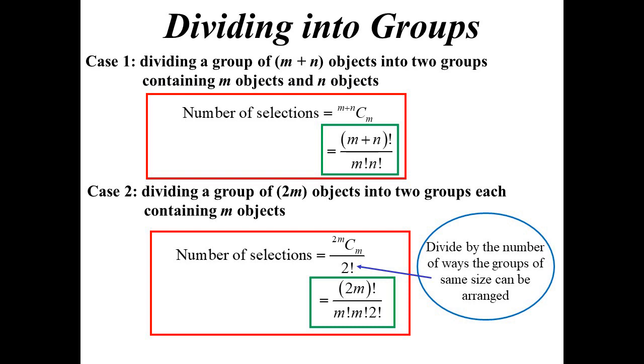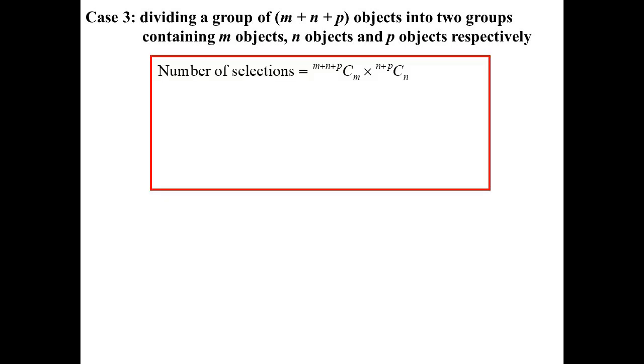Okay, well, let's take it a step further. If I've got a group of m plus n plus p objects and I'm going to divide them into, well, it says 2 there, but it's 3 groups. Divide them into 3 groups that have m, n and p. What happens? Well, I've got m plus n plus p that I'm going to choose from. I'm going to choose m. There's my first group, done. Now I'm going to get my second group.